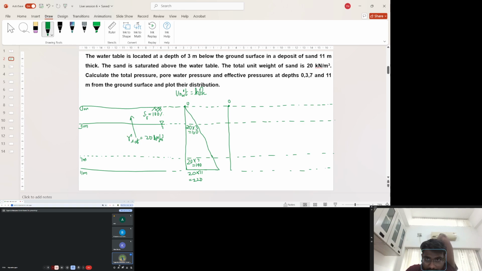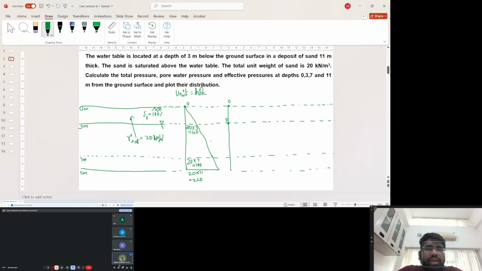The layer is saturated, but they did not specify whether it is due to capillary rise or not. So first, let us solve without capillary rise, but with the water saturated, hence this will also be at atmospheric condition. It will be 0.